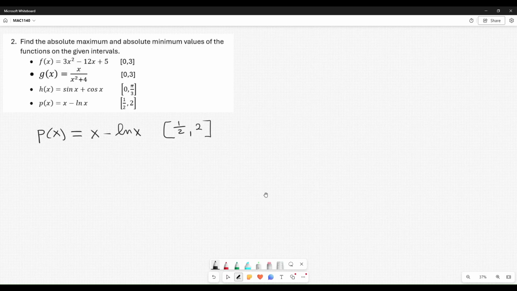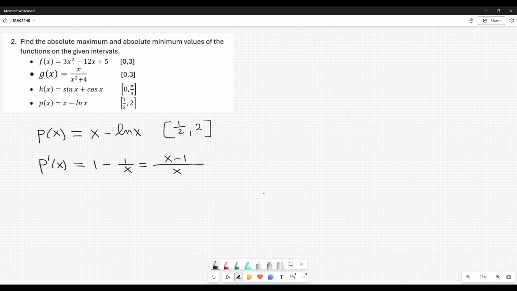Okay, this is the next. You compute the first derivative. The derivative of x is 1, and the derivative of logarithm is 1 over x. If you want to condense this in one common denominator, x minus 1 over x. Okay, now to find the critical value, is this 0 or undefined?